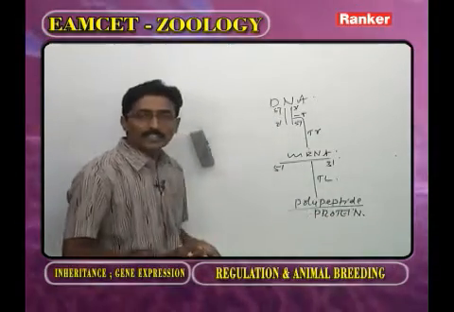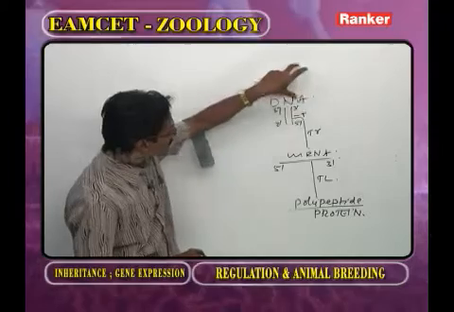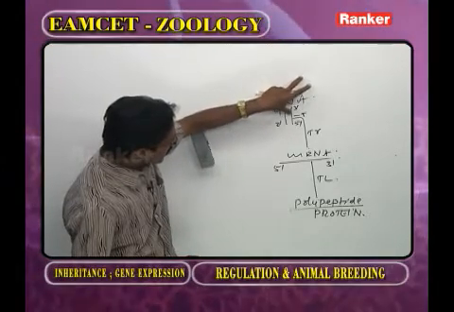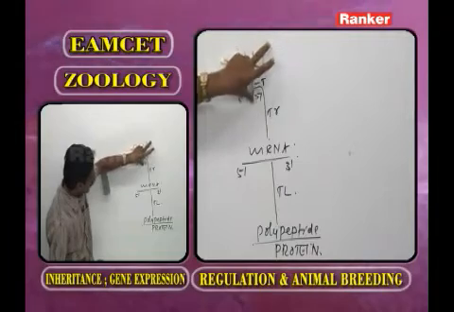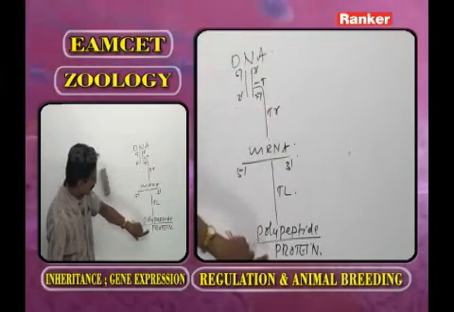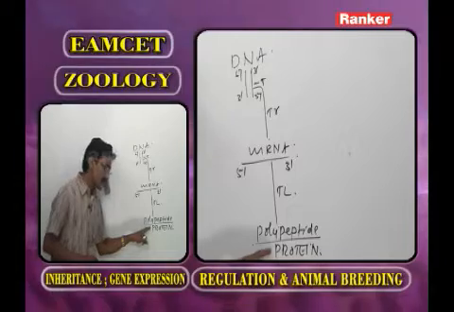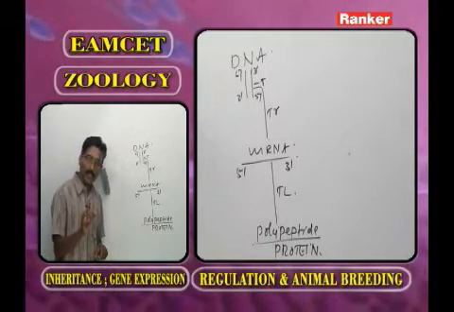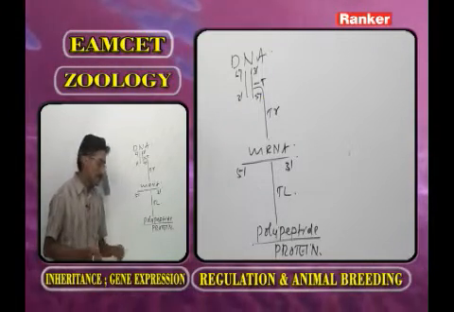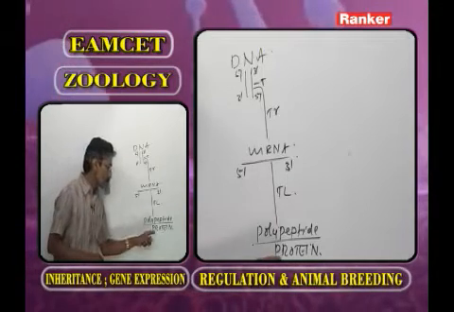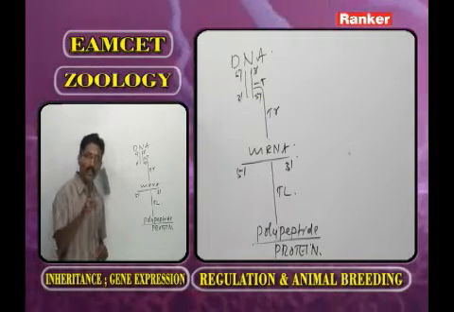Now what is meant by central dogma of molecular biology? In each cell, the DNA transfers the biological information to the protein through mRNA. Now this protein helps to produce a structure. The protein helps to give a proper shape. The protein helps to perform a function.